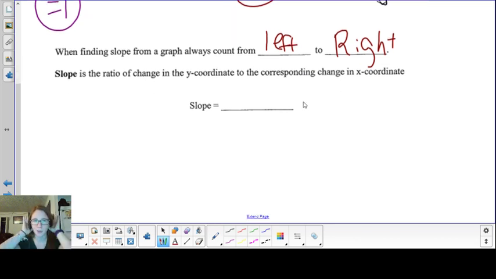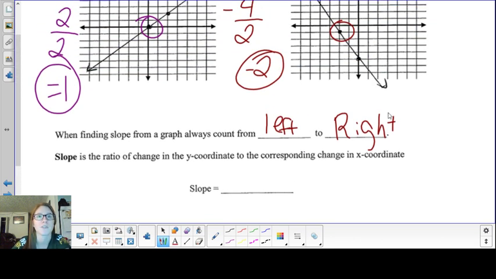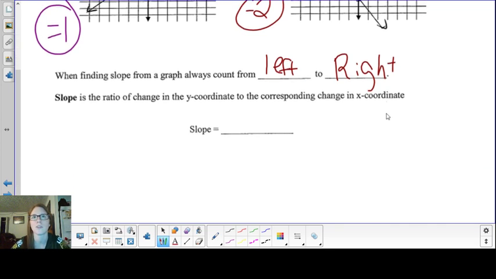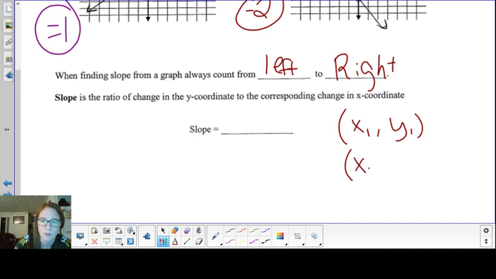Again, slope is a ratio of change in y over change in x, and we're not always given a graph. I could easily graph 2 points and try and connect the lines, but sometimes I'm given 2 different points. So say I'm given the points (x1, y1) and (x2, y2).